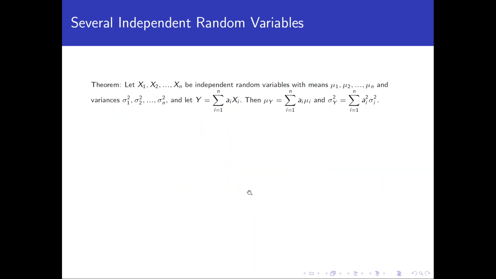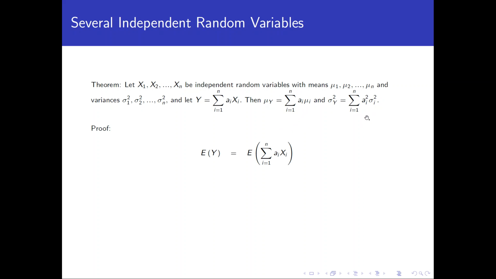So using this idea, if we have independent random variables with means mu 1 through mu n, and variances sigma squared sub 1 all the way to sigma squared sub n, and let's say we have Y as the sum of the a sub i's times x sub i, then we can figure out what the mean is and what the variance is for that particular distribution.